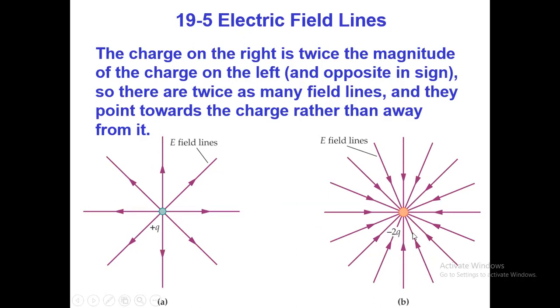This tells us that these lines of forces are limited, and these are too many, because the magnitude of this charge is twice. So if the magnitude of that charge is twice, then the lines of forces compared to this one are also twice, or in large quantity.